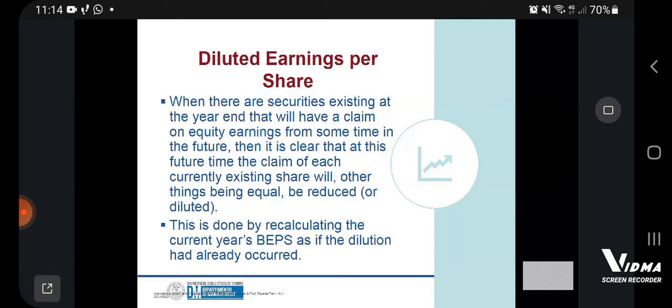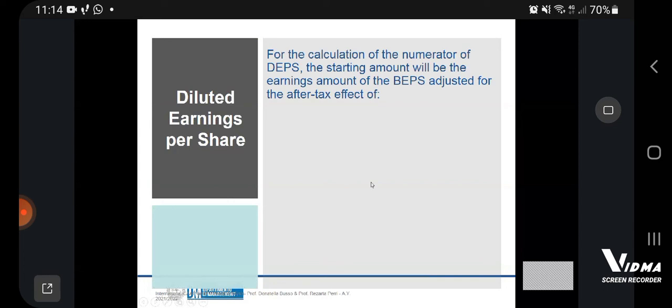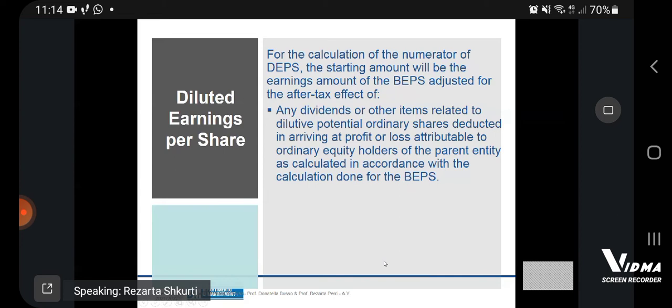For the diluted earnings per share calculation, we start with the same earnings amount that we have used in the basic earnings per share, but first we have to adjust this earnings amount with the after-tax effect of, for example, whatever the potential ordinary share is implying.